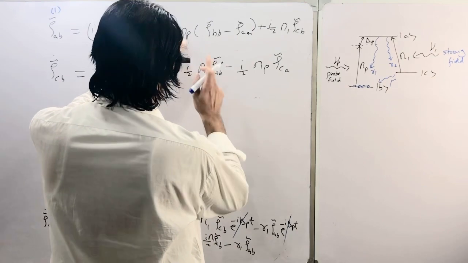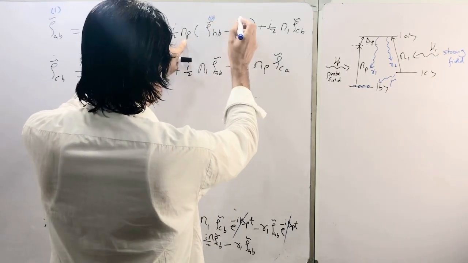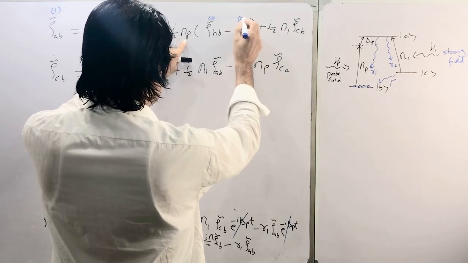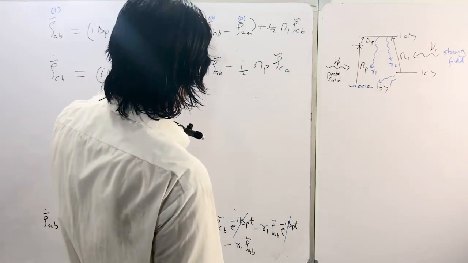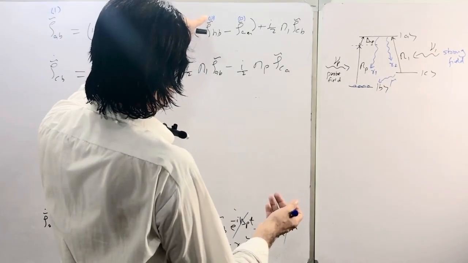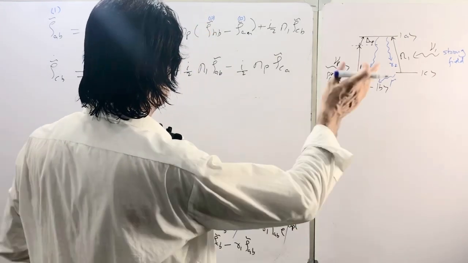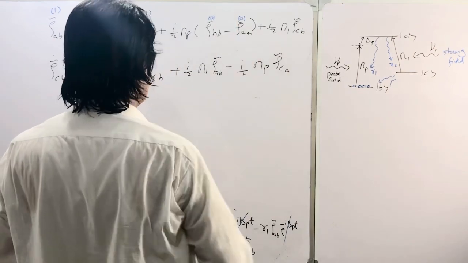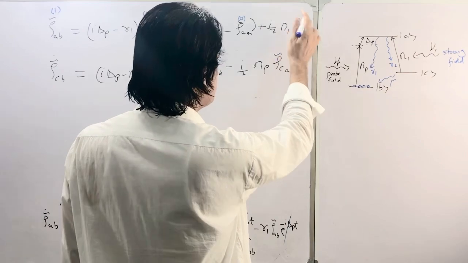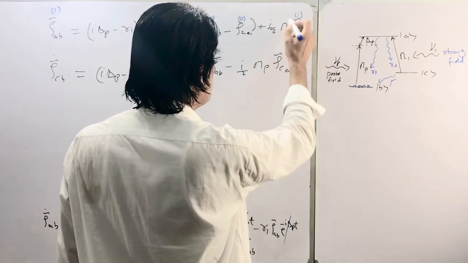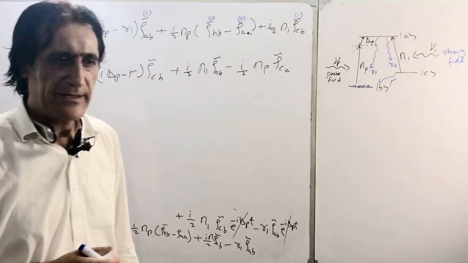So we must restrict this in the zeroth order. And here as well, we must consider this in the zeroth order, because this is omega p. If we consider this in 1, then omega p and this go to second order, and this as well. Now here, I have considered this in 1 because omega 1 is a strong field, so this will go to the higher order, so no problem.